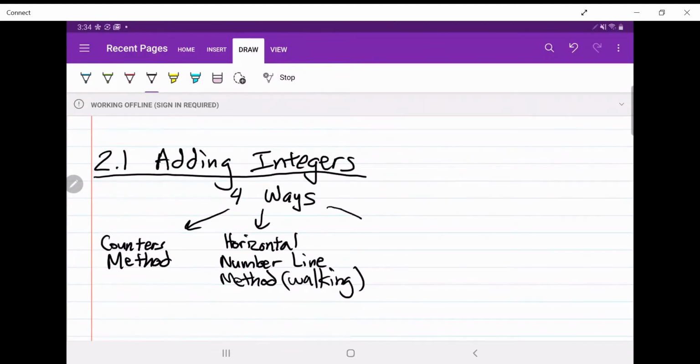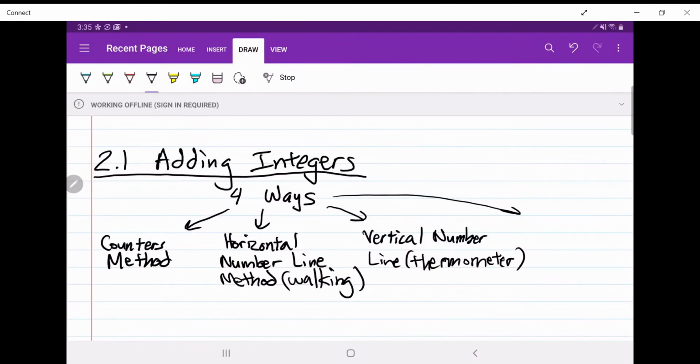Another way to add integers is using a vertical number line. And you can think of this as a thermometer where the temperature goes up or down. And then the last way that we can add integers is using the money method.